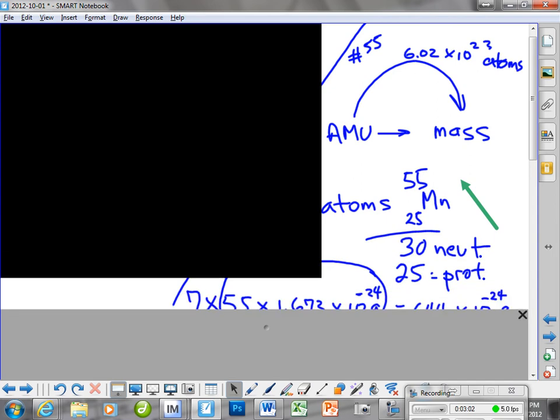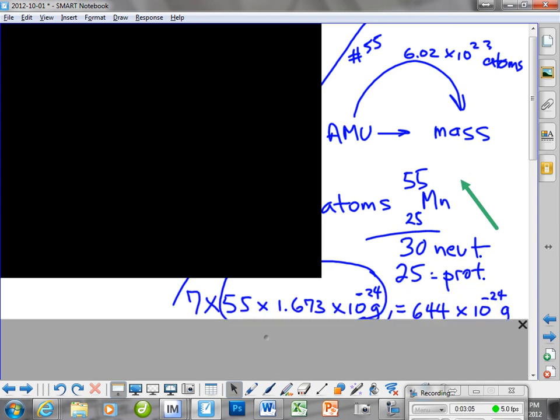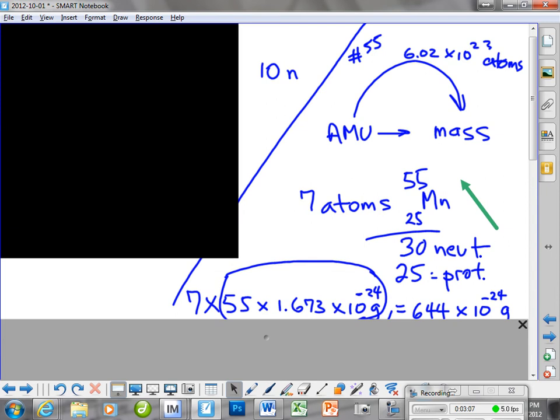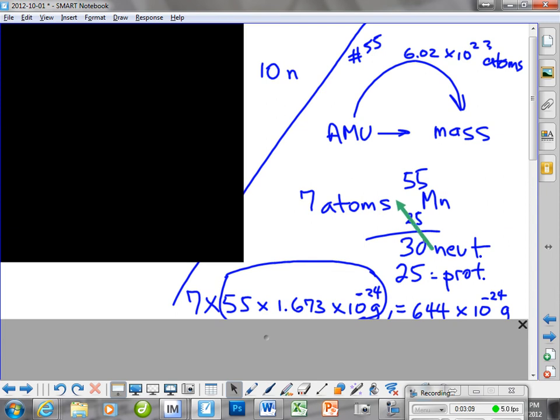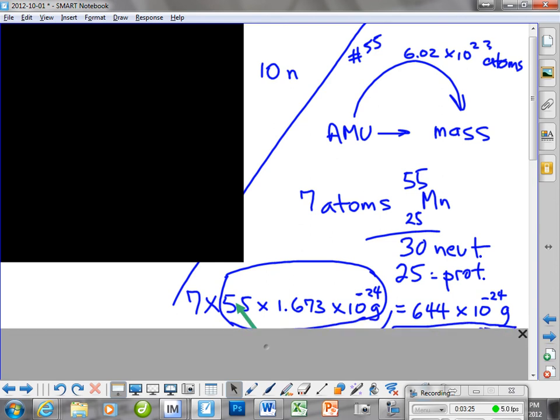What I decided to do when I did this calculation, since the question had 7 atoms, was to start out with the 7, and then multiply that by the total grams that we would have if we had 55 AMUs. The conversion of AMU to grams is 1.673 times 10 to the minus 24 for each AMU.